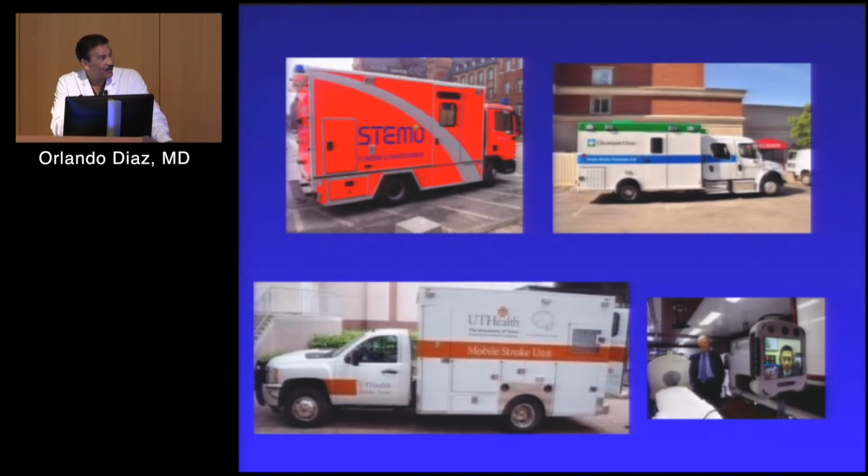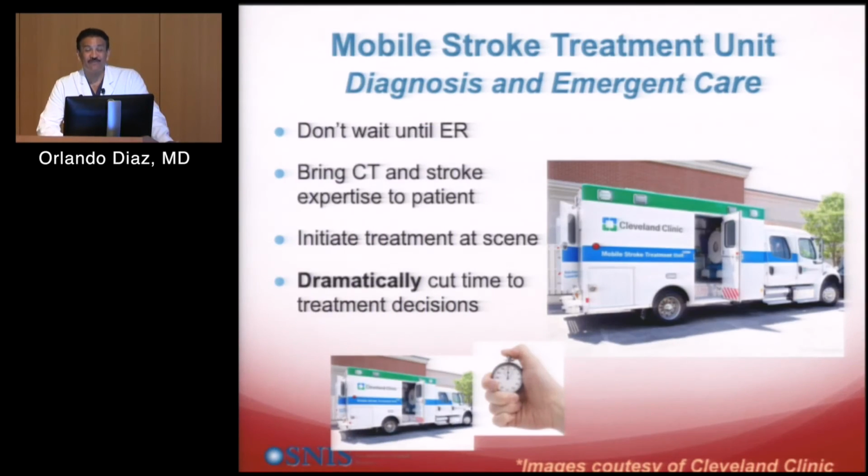So they go to the patient, pick the patient up, and immediately they do a CT scan in the ambulance, so they know that there is no hemorrhage. That's the first thing to do. If there is no hemorrhage, give TPA in the ambulance. So before the patient goes to the hospital, he has already been treated. So they are treating before, this is important.